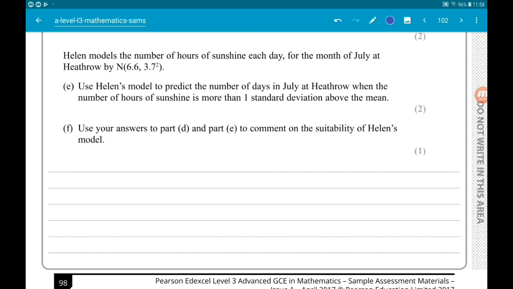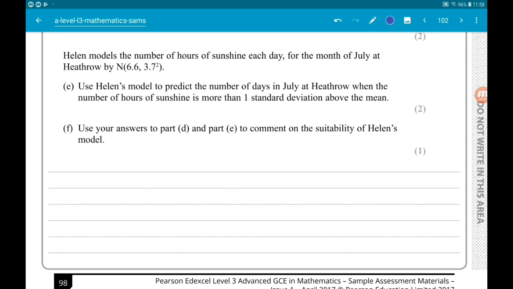It wants us to use Alan's model to predict the number of days in July at Heathrow where the number of hours of sunshine is greater than one standard deviation above the mean. Okay, so what we need to do is find the probability that Y is greater than 10.3, and then multiply that by the number of days in July, which is 31.